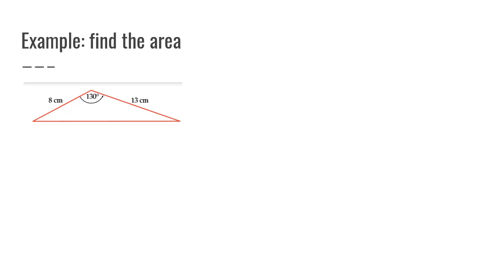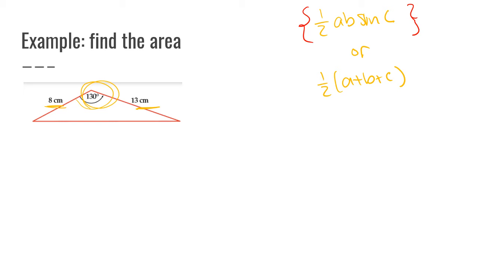So your two equations are 1/2 AB times the sine of C, or 1/2 times (A plus B plus C). Let's take a look at our problem right here. We have two sides and one angle, so our best option is to use the first one. Now, the angle is angle C, so I'm going to call this vertex C because it has that angle.